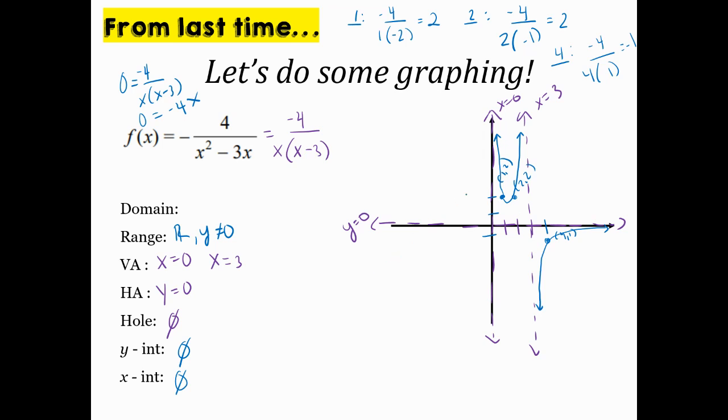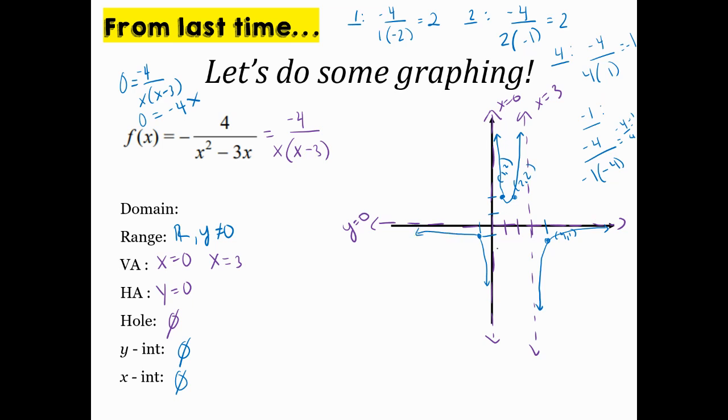So my last thing that I need to check is what's happening over here. And so I can plug in whatever I want. Let's say I plugged in -1. And again, you don't need to get these points but they might be helpful. So that would give me -4 over -1 times -4. So -4 over 4, which is -1. Right? So that's down here.